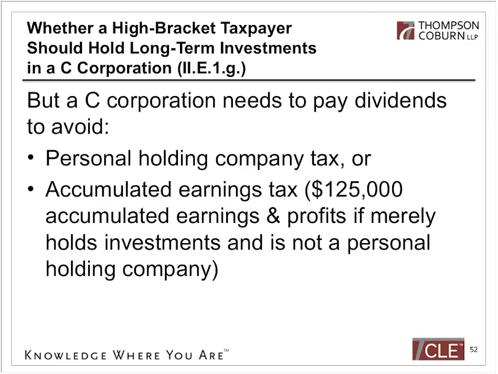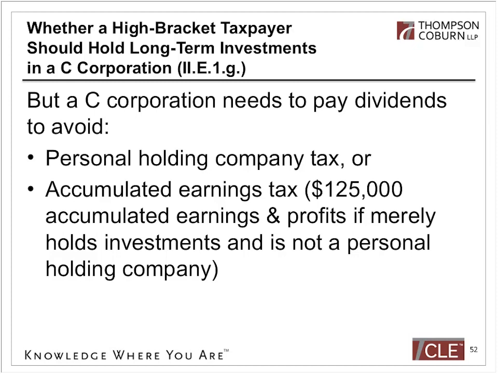So a C corporation can't accumulate dividends forever. Once it has a certain amount of investment income, it's got a personal holding company tax. And to the extent it accumulates personal holding company income, there's a 20% supplemental tax on that. There's the regular tax plus a 20%. So that would not be a good deal. Also, to the extent you're not a personal holding company, there's a possibility for accumulated earnings tax.